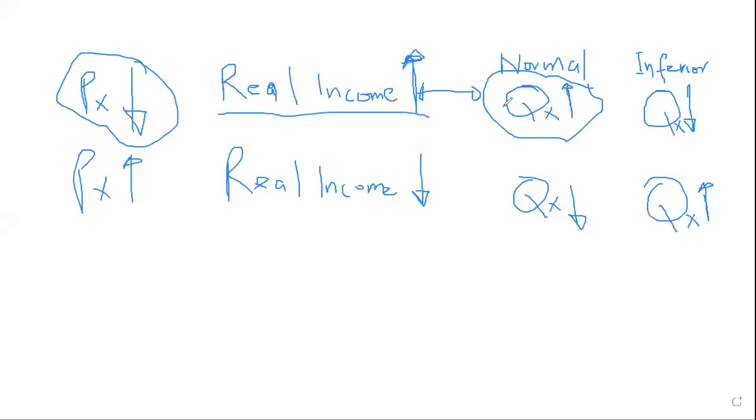And I've explained it in both cases, a reduction in price and an increase in price. You always see a negative relationship for normal goods, income effect. So when price increases, the income effect for normal good is negative. The income effect for inferior good is positive. Now, when price decreases, the income effect for normal good is still negative. Yes. And then income effect for inferior good is positive.